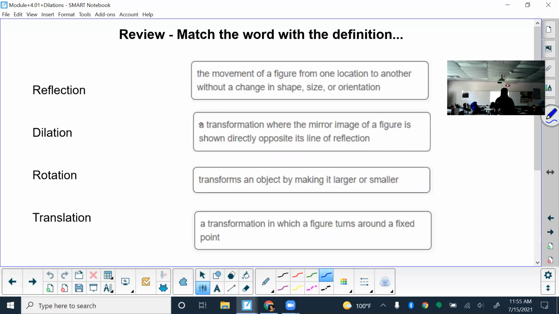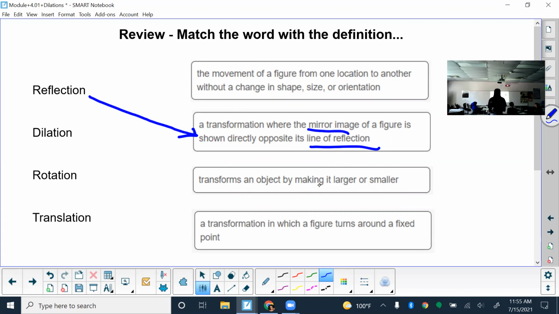Which one does that most closely match? Reflection, right? Mirror image probably told you, also line of reflection. So that's really specific to reflection. Yeah, the first one could also go with reflection, but the second one's better.